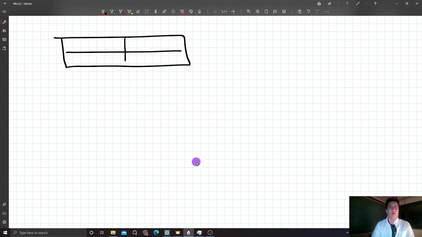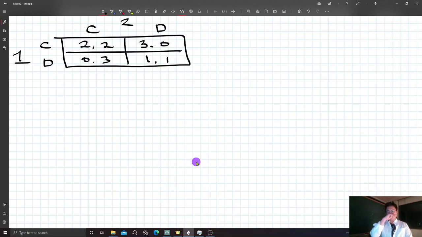So if players have just a finite number of actions or strategies, think about a prisoner's dilemma. So two players can choose between cooperate and defect, and the payoffs are, say, 2 and 2, and 3 and 0, and 0 and 3, and 1 and 1. Okay?